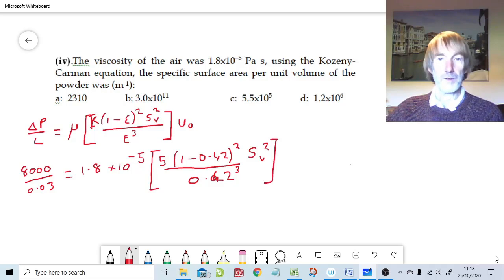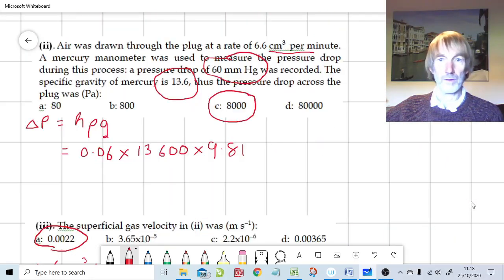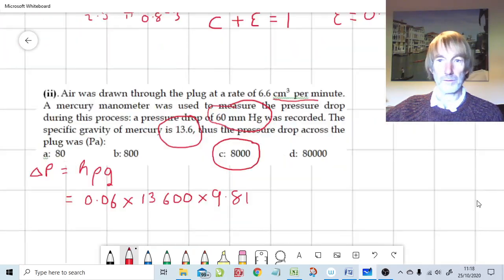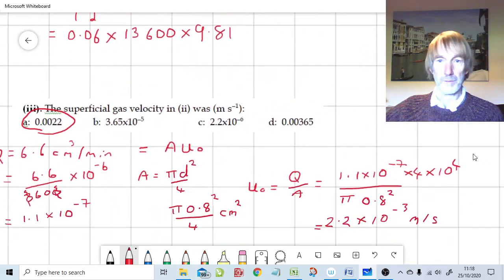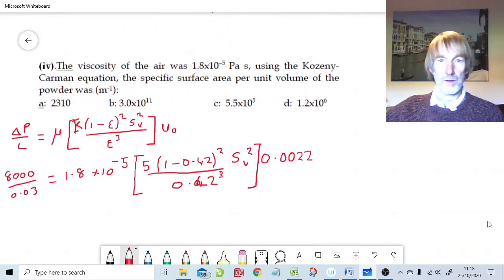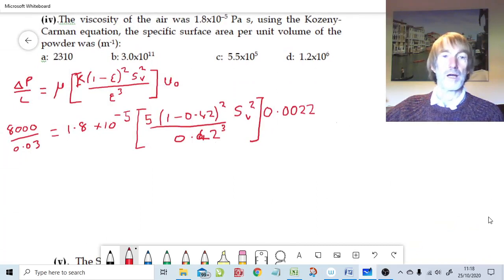And then finally we have the superficial velocity, which was 0.0022. I feel the need just to go and check that I've got porosity correct. And velocity 0.022, that's right, 8,000 pascals, porosity 0.42. So if we come back down again, that's a lot of working out to go through.